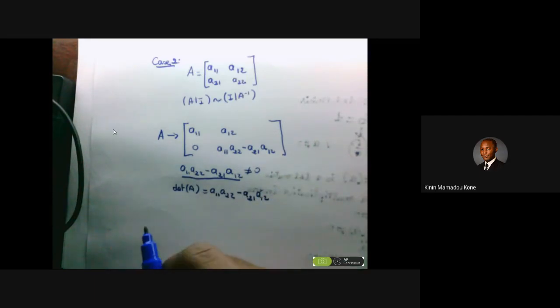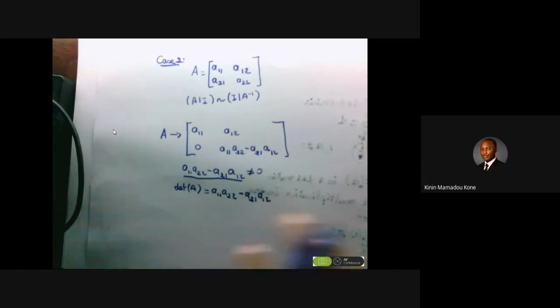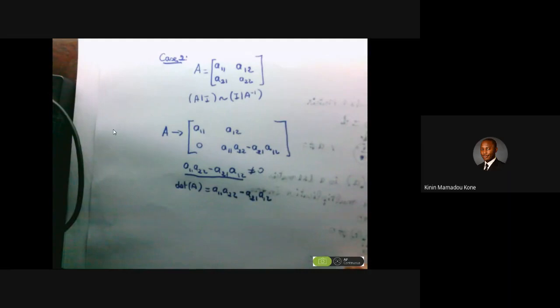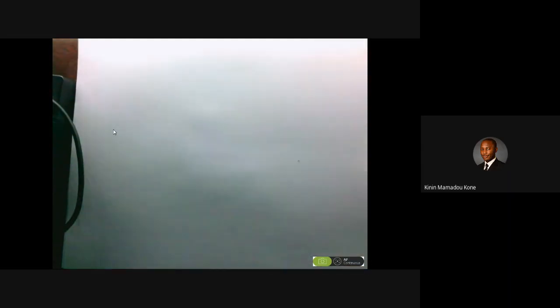Now let us consider another case, a 3 by 3 matrix. But before we even move on, let us say something. If you have a matrix A like this, 3 2 4 1, that is matrix notation.